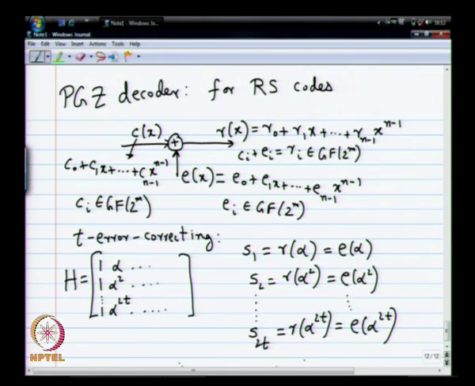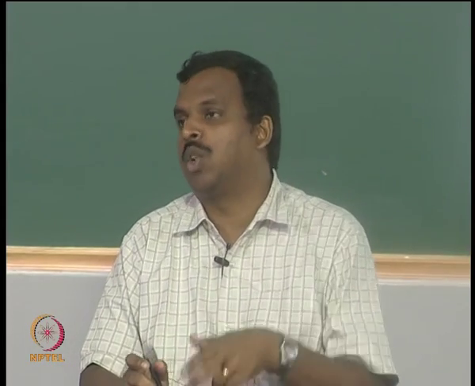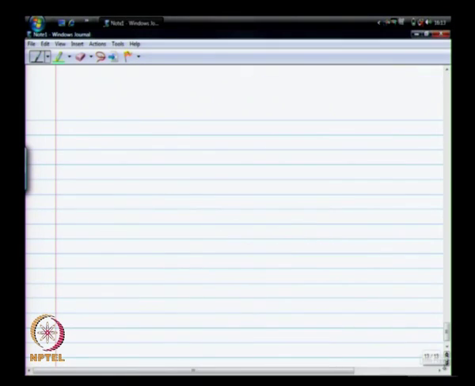So how do I assume E of x now? Remember previously I could simply say x power I1 plus x power I2, because it was binary and there was only one non-zero value, 1. Now I have some coefficients also, so I have to put the coefficients in. Let us say W errors is what we will assume. I could set W equal to T, we will come to that, but it is good to start with W errors.